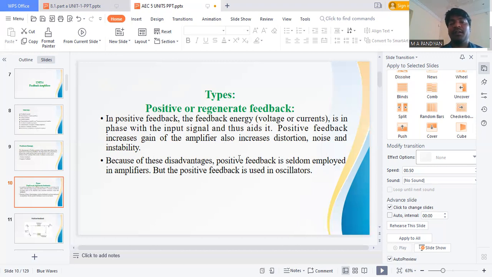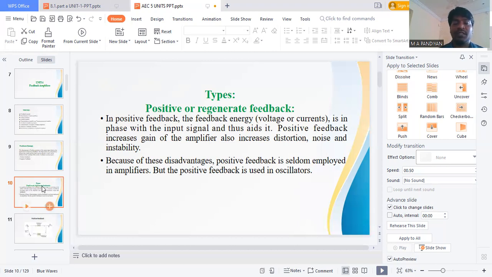This is an important question for competitive exams. In positive feedback the signal is in phase, so there is no change, same phase.